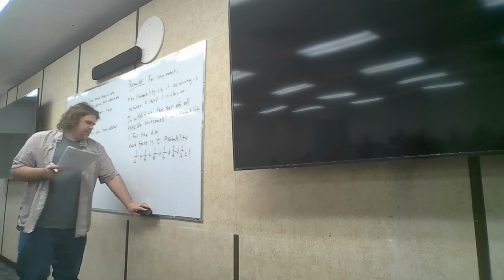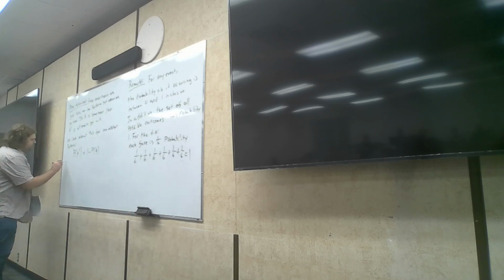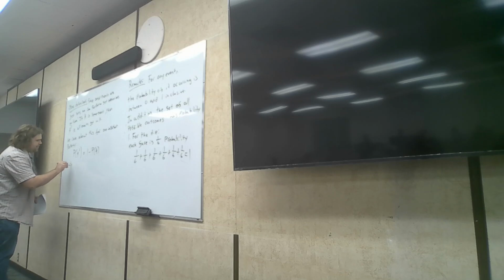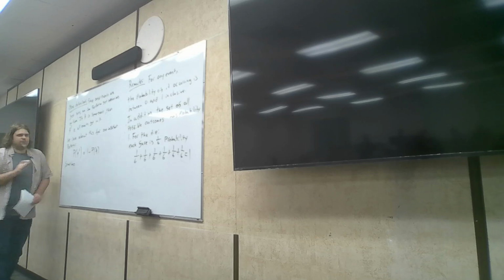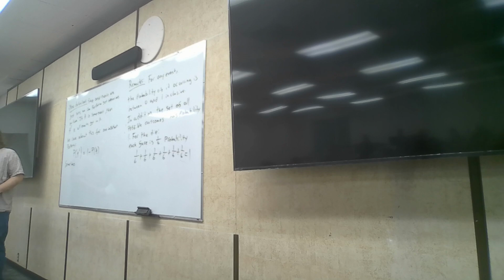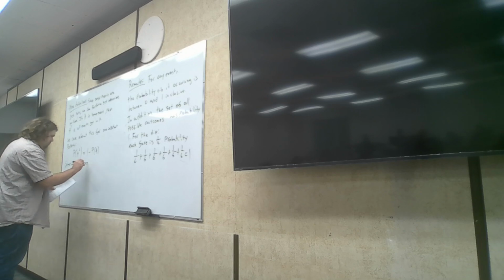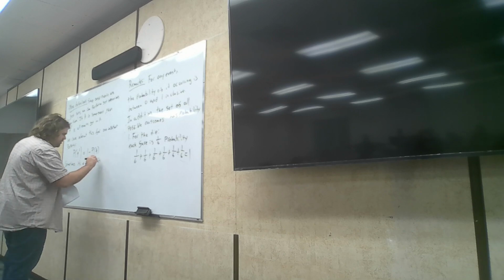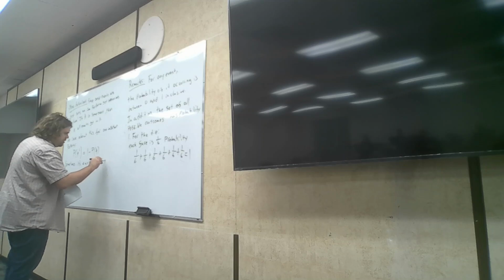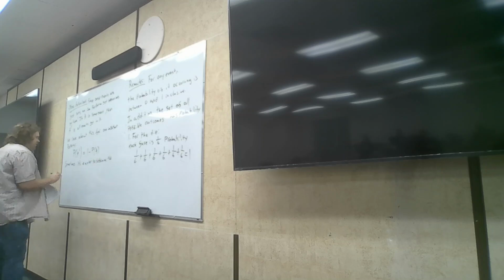Actually, I'll write it here. Just put that in words. Sometimes it's easier to determine when an event didn't happen versus when it happened. Sometimes it's easier to determine the probability of an event not occurring.